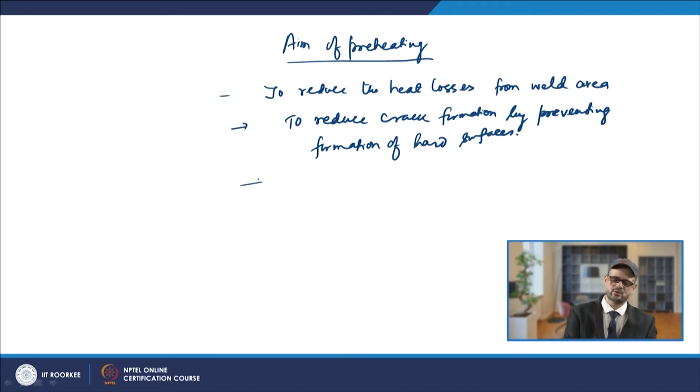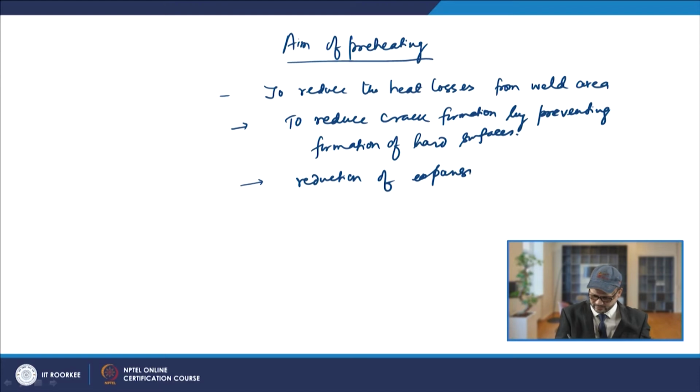Now, there is another aspect, that is the expansion and contraction rates. The temperature difference becomes smaller as you preheat the material, and the contraction and expansion depend on the coefficient multiplied by the temperature difference. If the temperature difference becomes less, then that value will also be less.